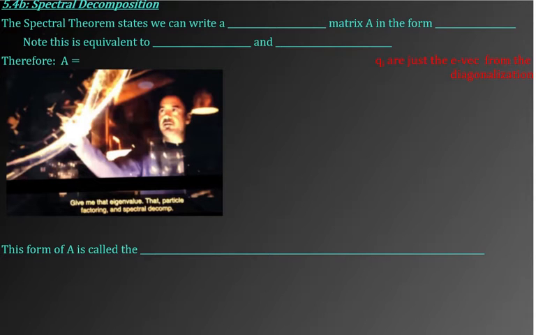So last time we saw the Spectral Theorem, and that says that basically we can write a symmetric matrix in the form QTAQ equals D. And so that's an orthogonally diagonalizable matrix.